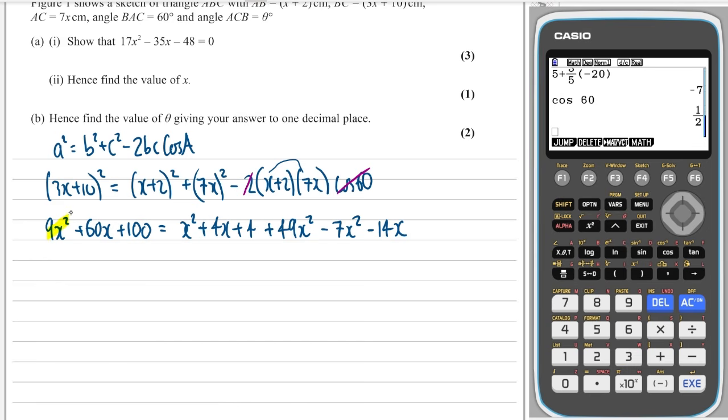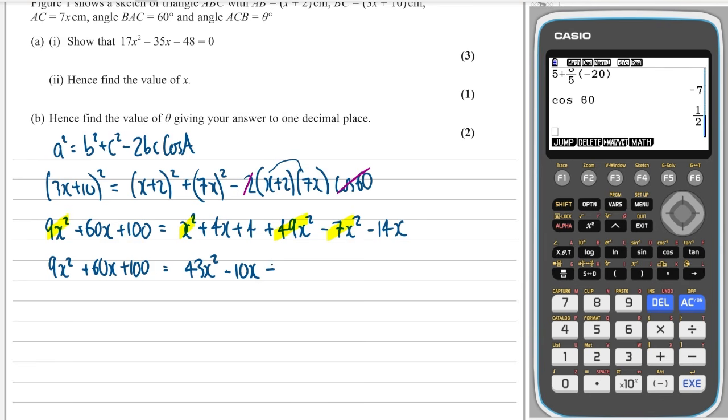Okay, great. Let's collect up all the x squareds. So we have 9 on this side, and on this side we have 50 minus 7, which is 43. And the x's, we have 60, and we have 100. And over here we've got minus 14 plus 4, which is minus 10.